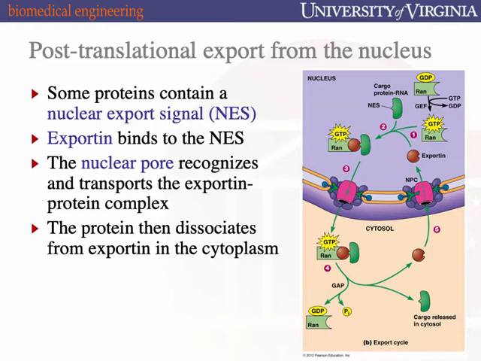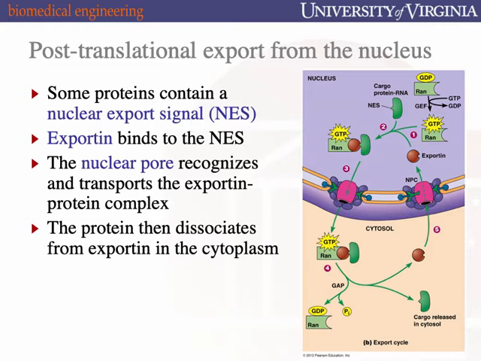And the binding events that occur with NESs are thematically similar to the binding processes that occur with NLSs. Many of the steps, though, occur in reverse, and they involve other family members in this broader family of proteins that shuttle back and forth to the nucleus. We will begin in the nucleus for this cartoon. If there's a protein in the nucleus that has one of these NESs, it forms a complex with, rather than an importin, an exportin, and together with RAN GTP in this heterotrimeric complex, gets exported out of the nucleus.